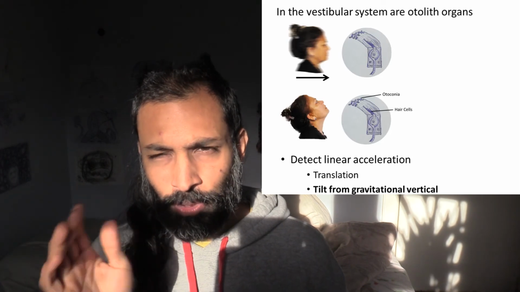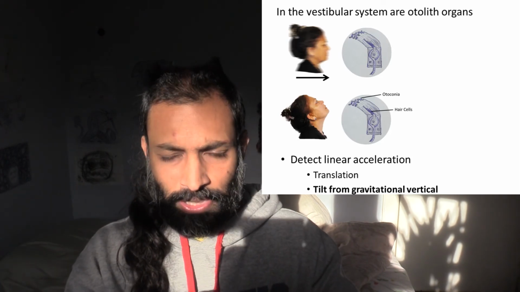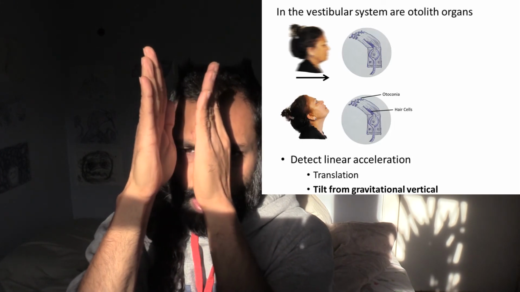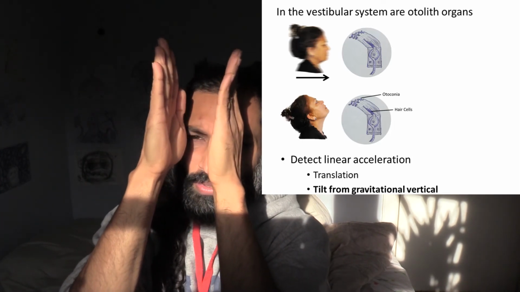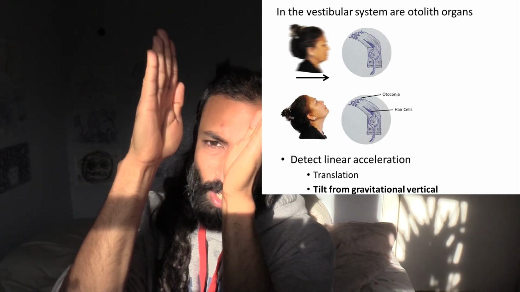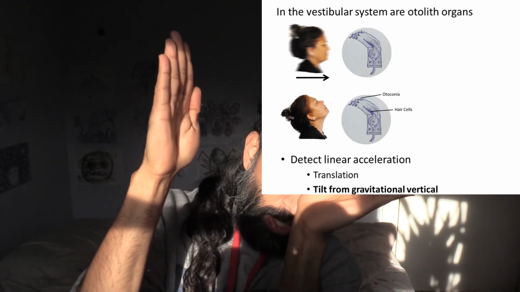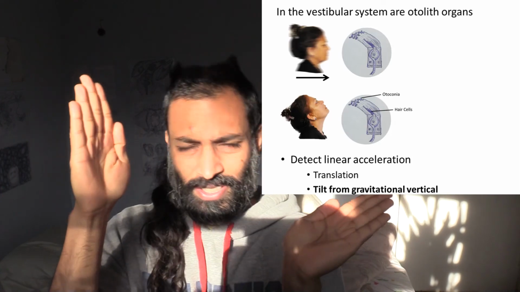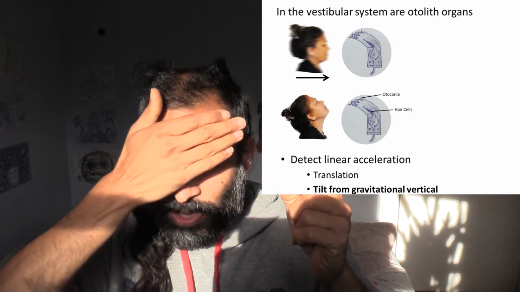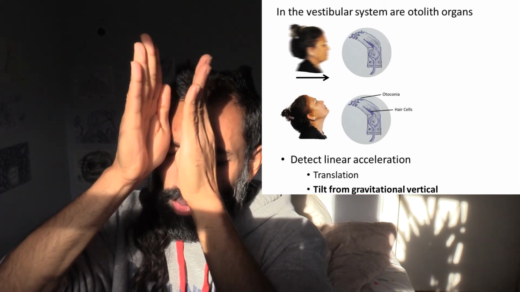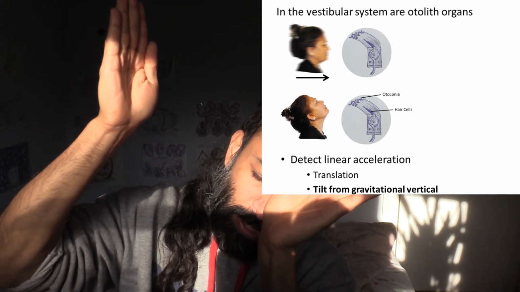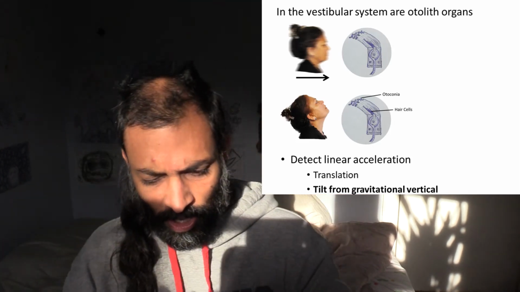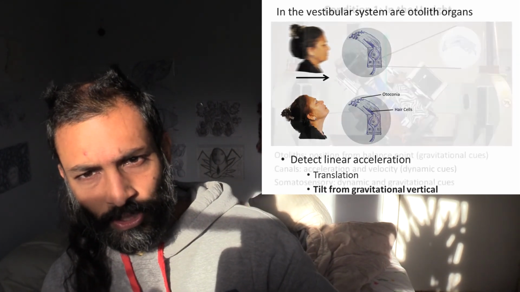And the most important part for my presentation is that they detect tilt from gravitational vertical. What that means is that as your head tilts from the vertical, from upright, those hairs are deflecting. The more you tilt, the more those hairs deflect. So you can have your eyes closed, and the more you're away from the vertical, you still have a good sense of how much you're tilted because these hairs are deflecting, letting you know.